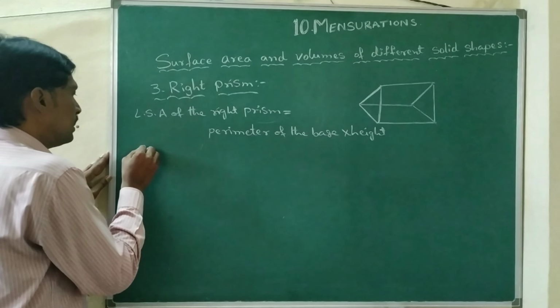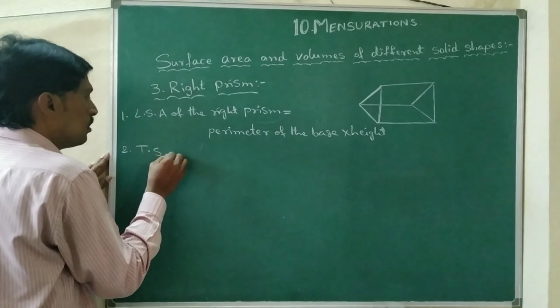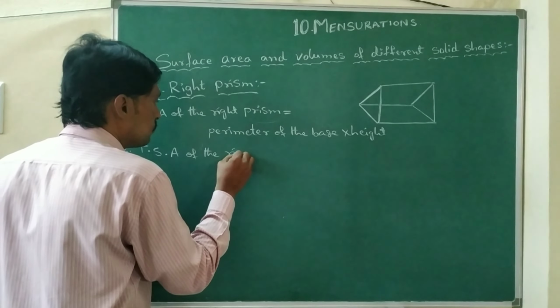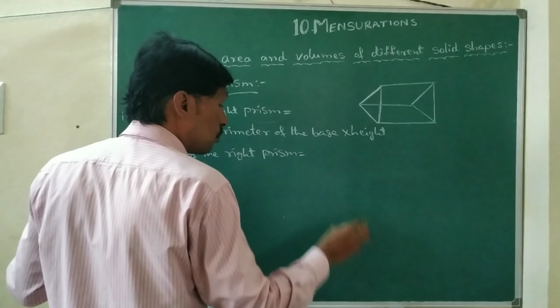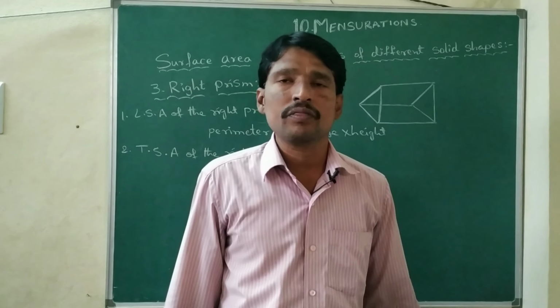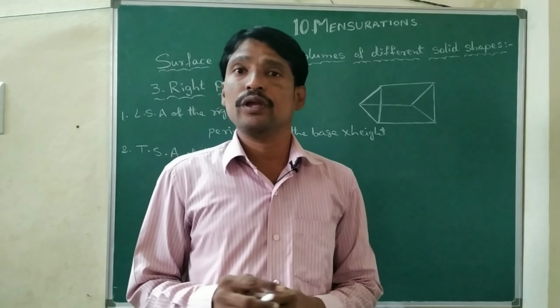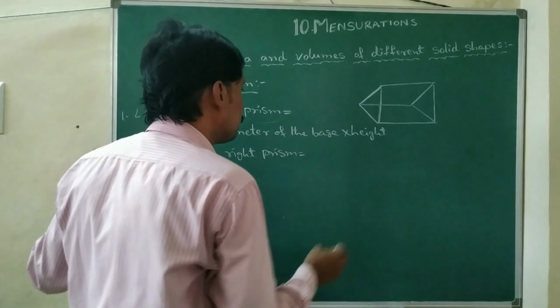Next, TSA of the prism. It is first one, this is second one. TSA of the right prism. So what is the TSA of the right prism? LSA plus 2 into area of the end surfaces. End surfaces we need to take.